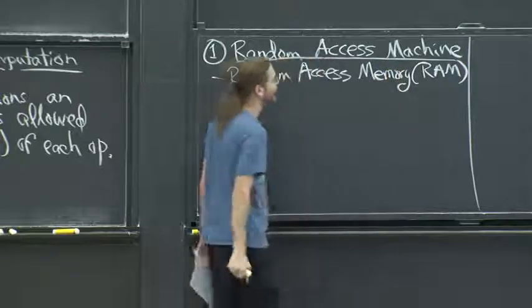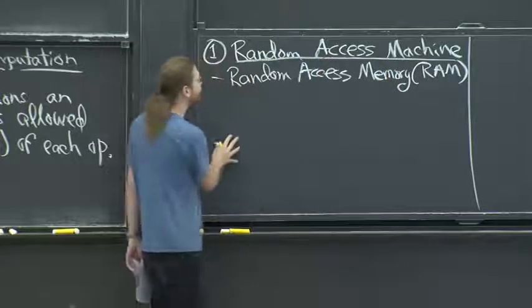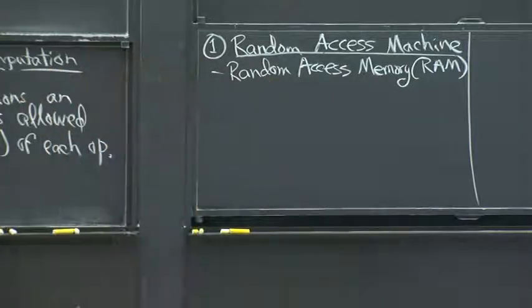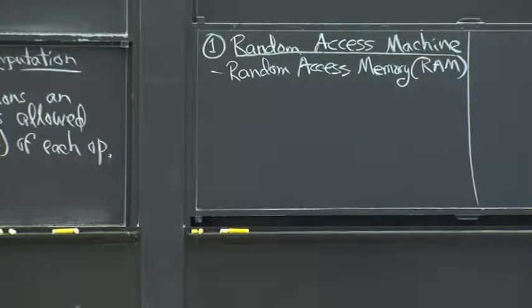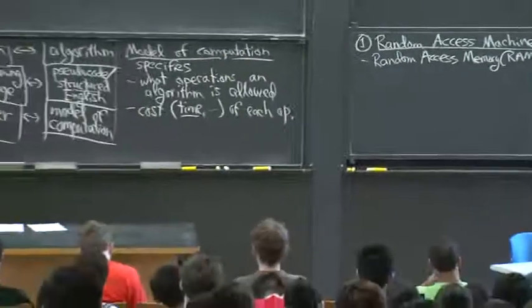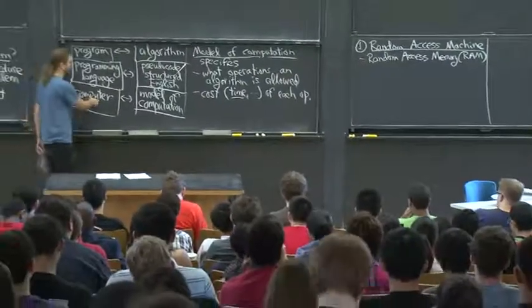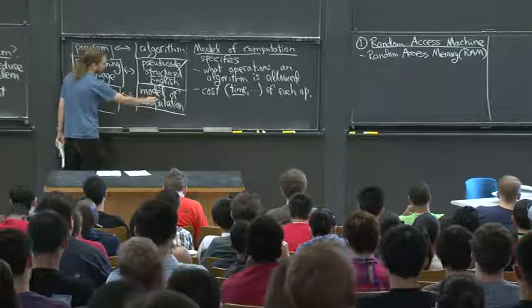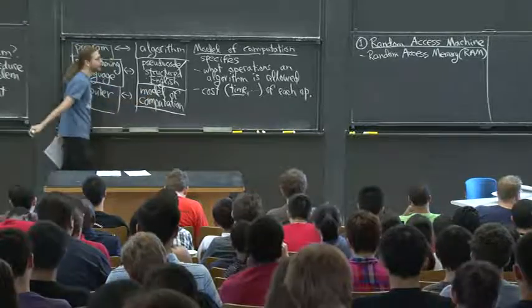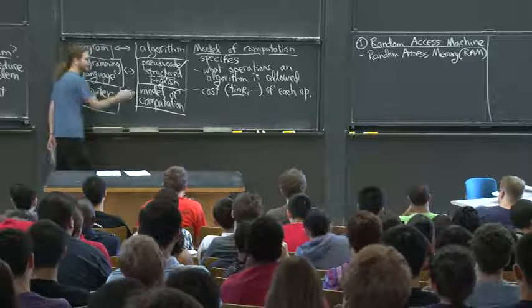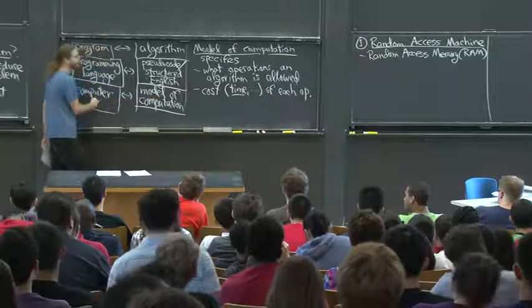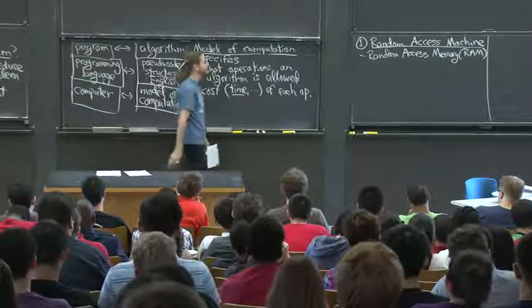Fits perfectly. And so random access memory is over here in real computer land. That's like DRAM, SDRAM, whatever, the things you buy and stick into your motherboard or your GPU. And over here, the mathematical analog: here it's a random access machine, here it's a random access memory.